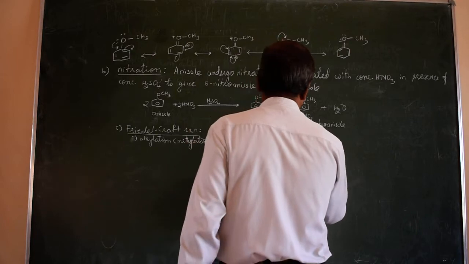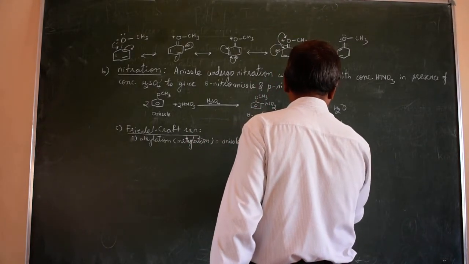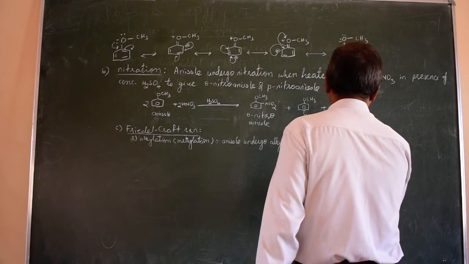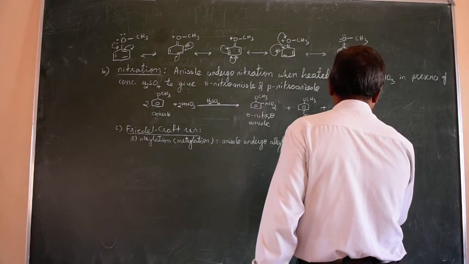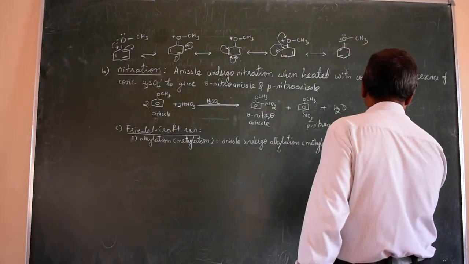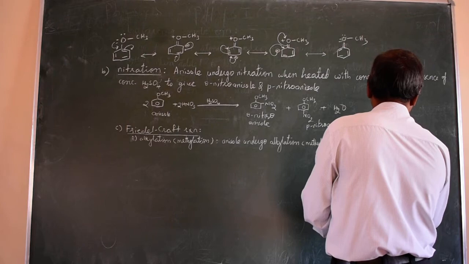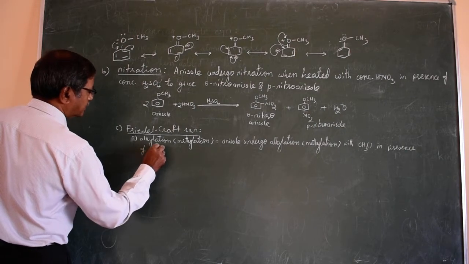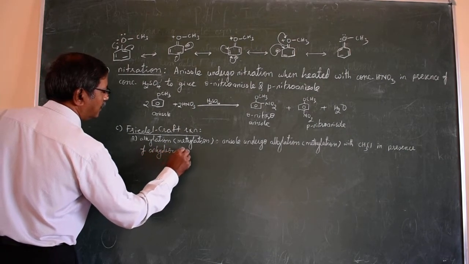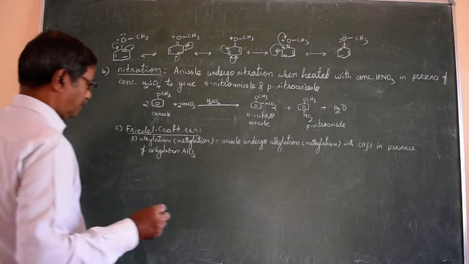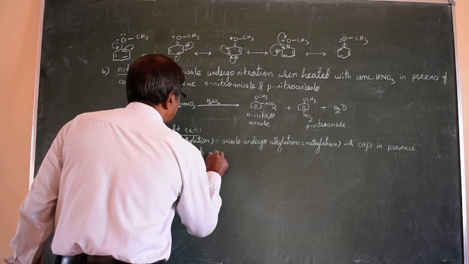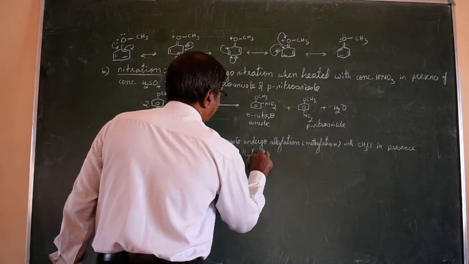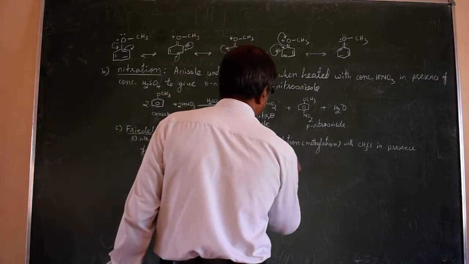I am writing here methylation, in the bracket, methylation with methyl chloride, we know the formula CH3Cl, in the presence of anhydrous AlCl3 to give ortho-methyl anisole and para-methyl anisole.